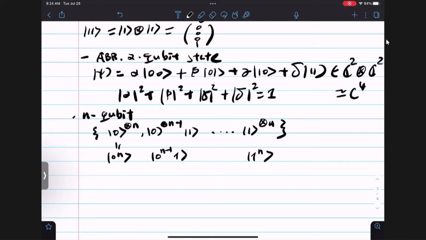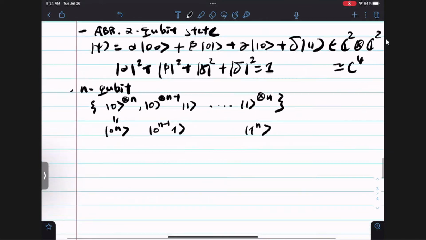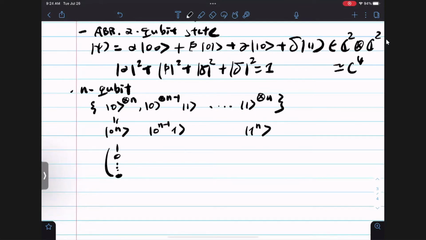So what are these states? What are these vectors? Well, suppose you have realized these are just the standard basis for a 2 to the n dimensional space. So this will be just 1, 0, 0, 0, and the last one will be 0, 0, 0, 1.